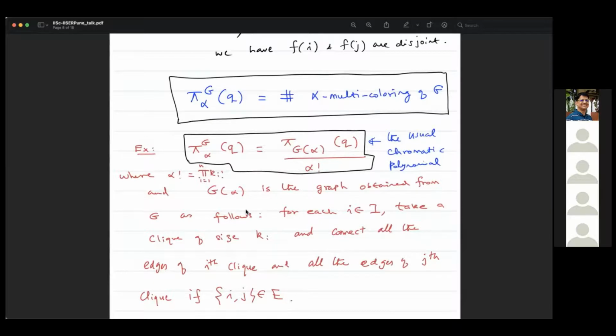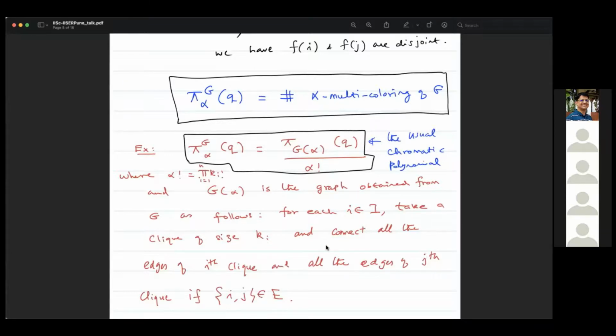That is the graph obtained from G as follows: for each i, you take a clique of size k_i. You already saw the definition of clique in the previous lecture. Here I'm taking it as a complete graph of size k_i. You can prove it will actually be maximal complete inside the graph you are constructing, but anyway, this is just a complete graph of size k_i.